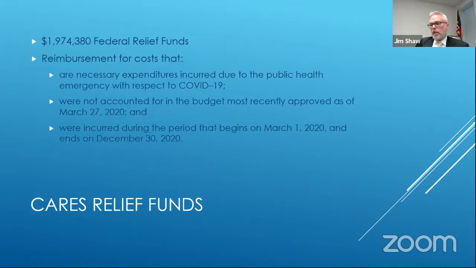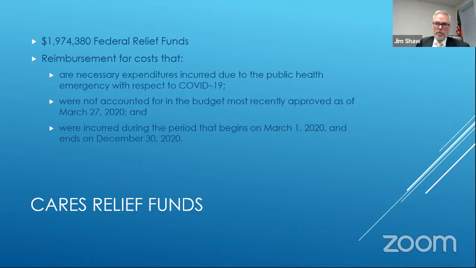The other sum of money is obviously new and unique to the coronavirus pandemic and the federal relief, and that is the CARES relief funds. As you found out at your last meeting, the city is the recipient of just under $2 million, more than $1.9 million in federal relief funds.